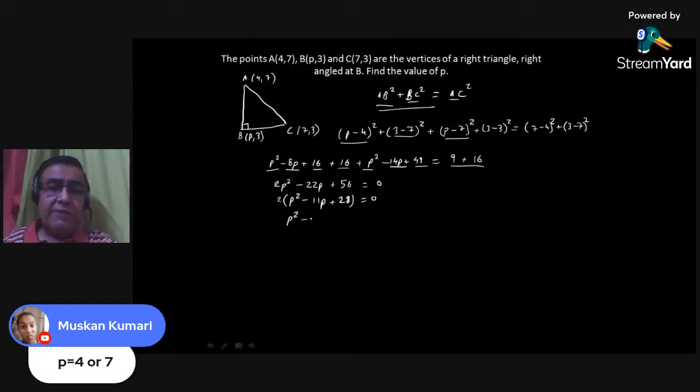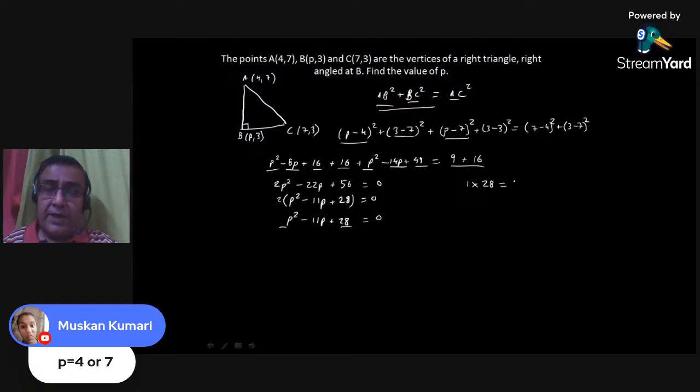So we are only left with p square minus 11p plus 28. Okay, that should be equal to 0. So again, we have to factorize this. To factorize, we look at a and c, multiply that, so that becomes 1 into 28 is equal to 28. We write the factor products of 28, so that is 28 times 1.